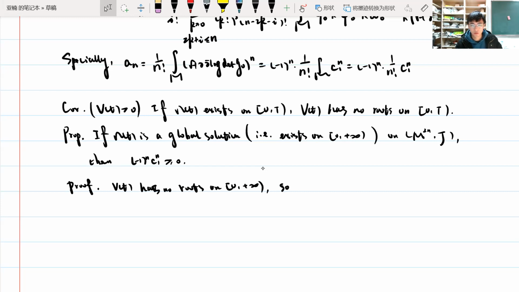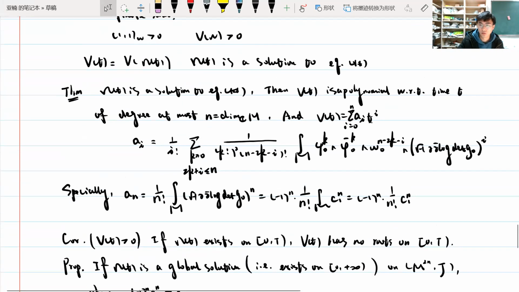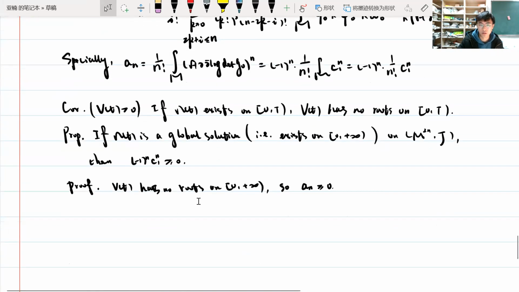So a_n must be non-negative. If the coefficient of the top term is negative, V(t) must have a root on this interval, because V(t) will be negative as t approaches infinity.